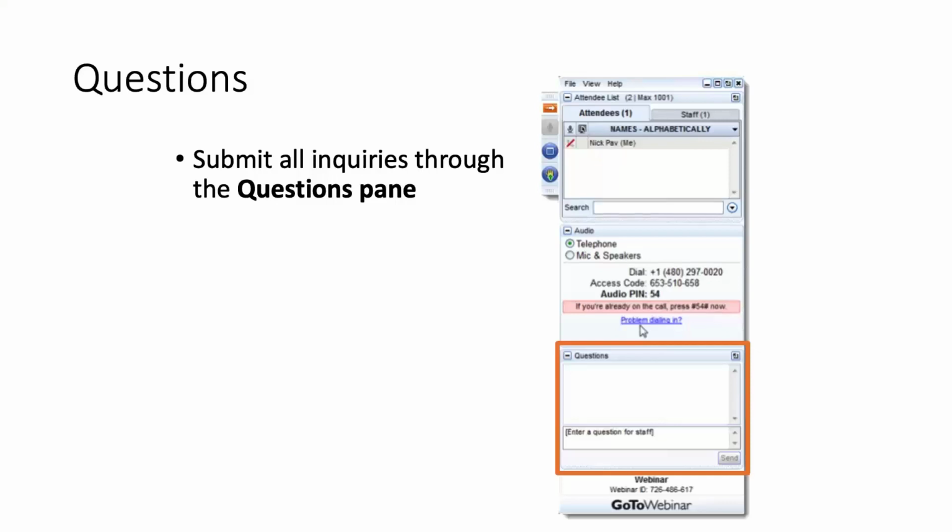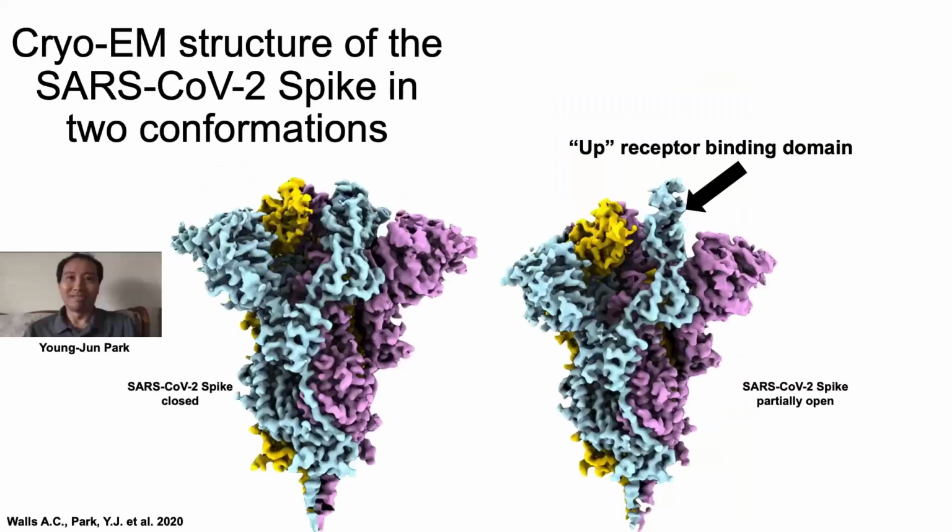What challenges did you face with respect to SARS-CoV-2 spike protein with and without the antibody fragments or FABs in terms of sample heterogeneity? Yeah, so I'll just go back to this slide. The first aspect of sample heterogeneity that everyone in the coronavirus field is dealing with is that the core of the spike will refine to extremely high resolution.